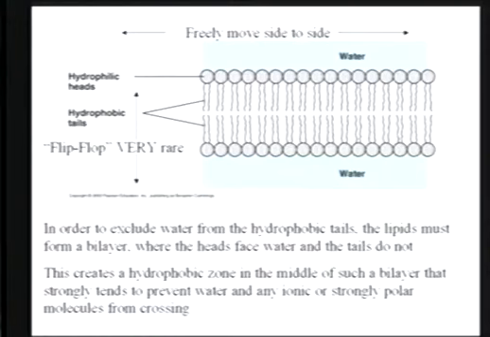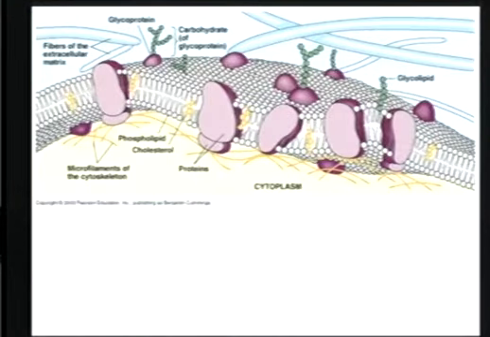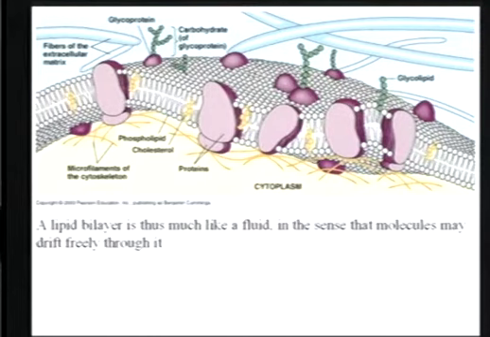Cells actually have enzymes that are called flippases that will flip those phospholipids back to the appropriate layer. So we know it happens. It just doesn't happen very often. If we add in some of the other components of the bilayer, this is the kind of thing that we see. The bilayer is much like a fluid.